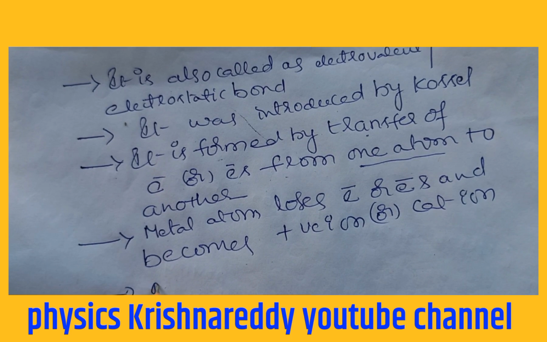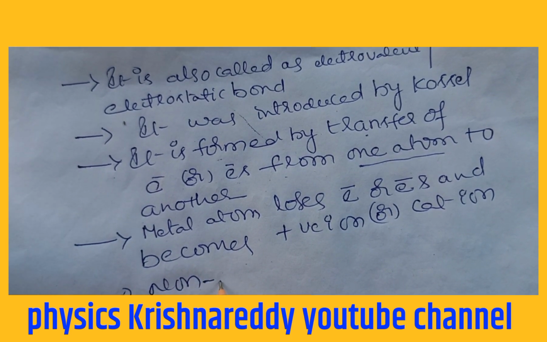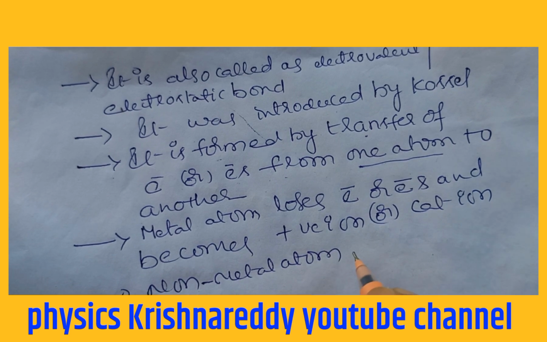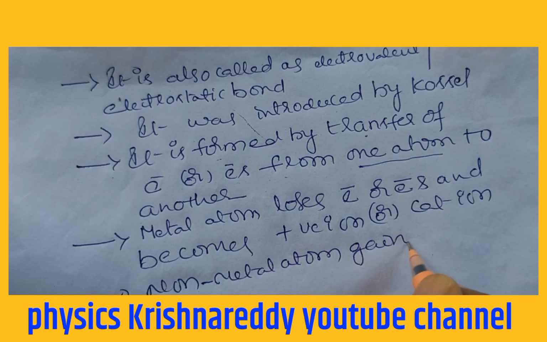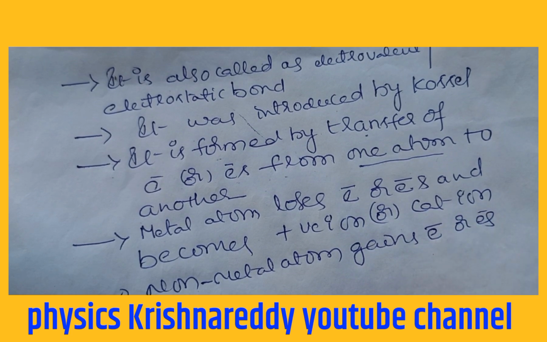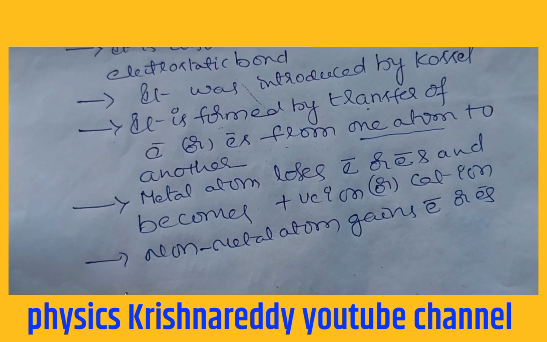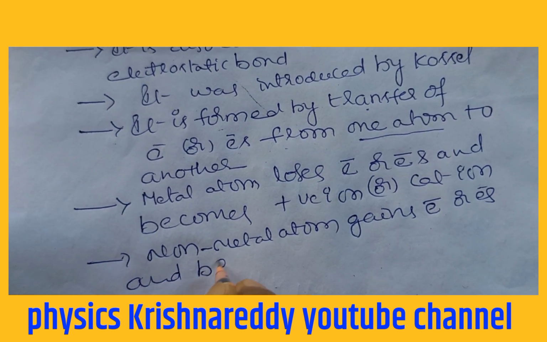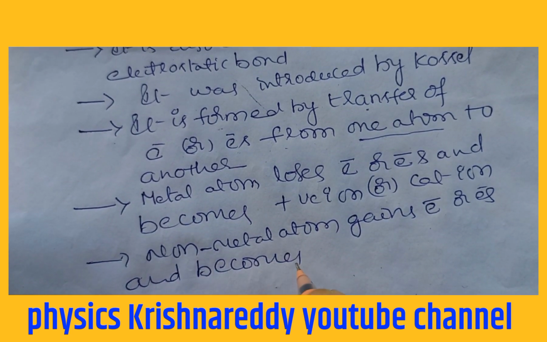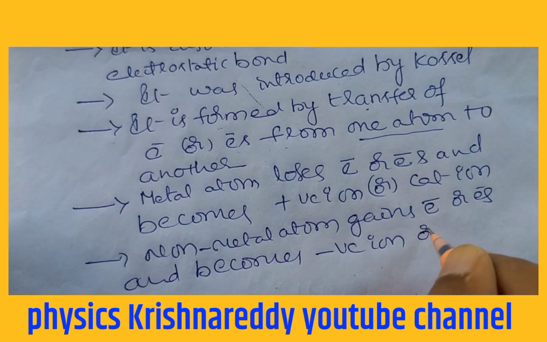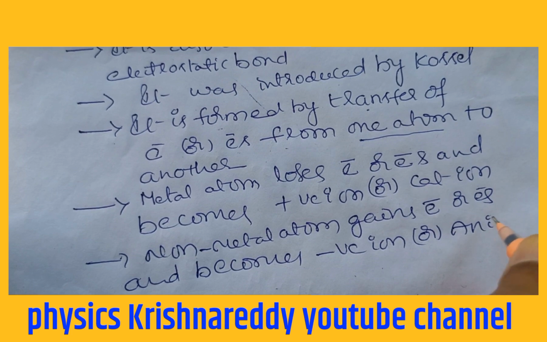And non-metal atom gains electron or electrons and becomes a negative ion, or it is also called anion.